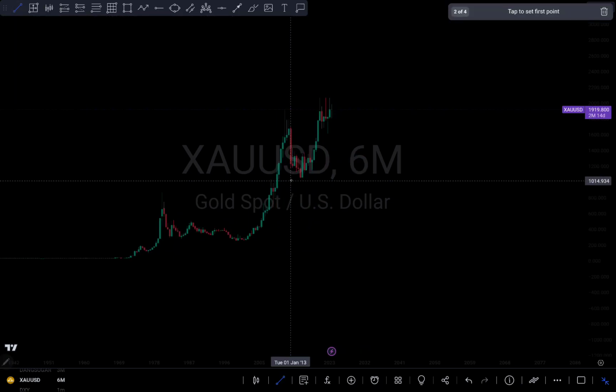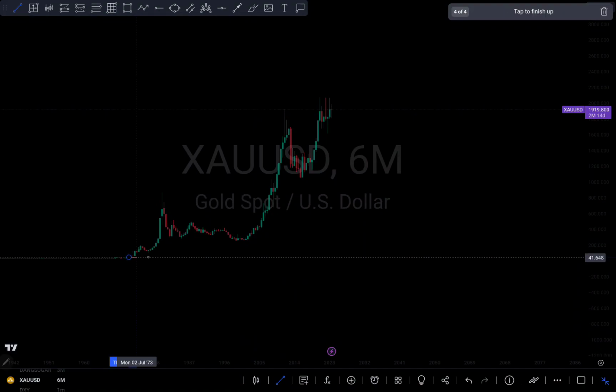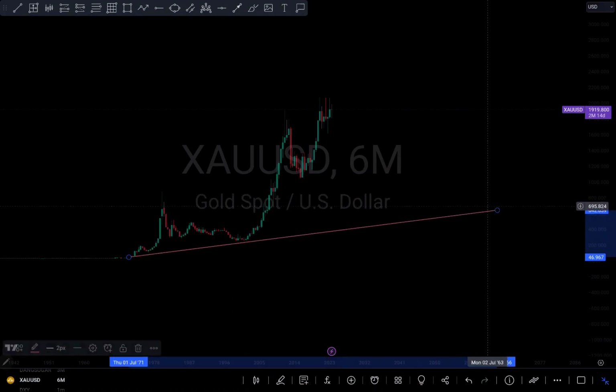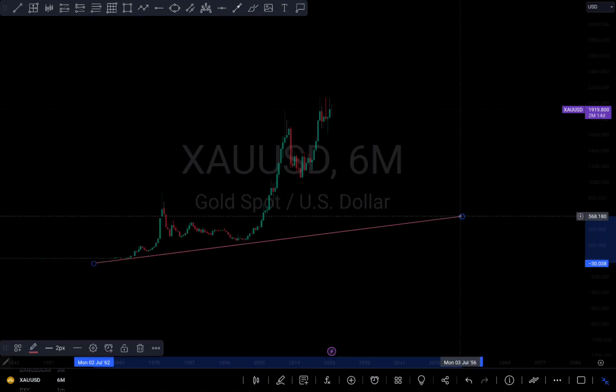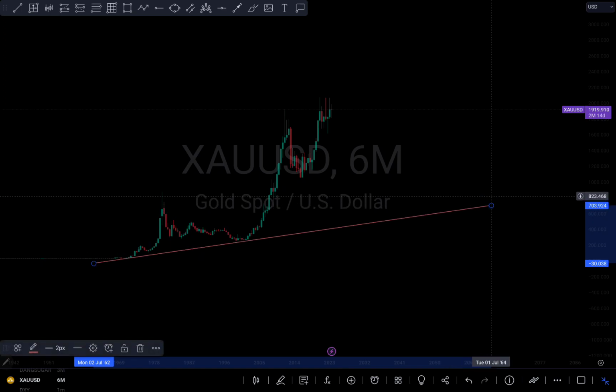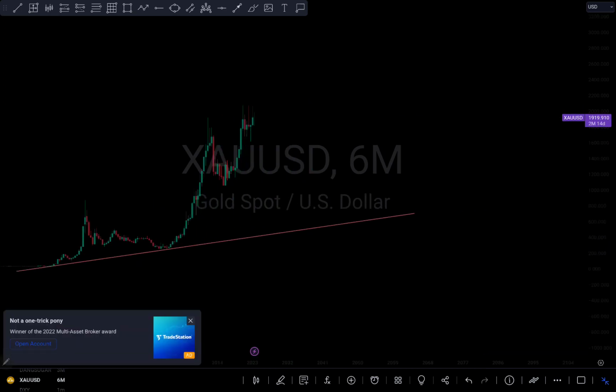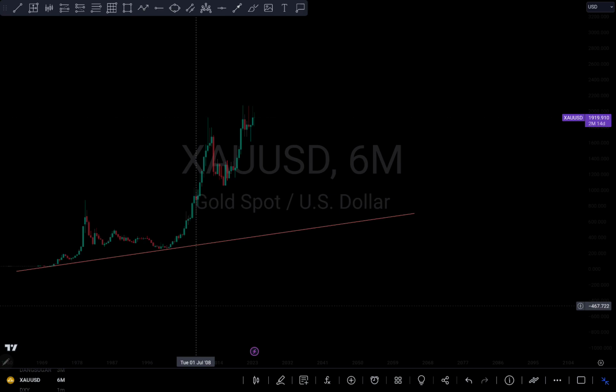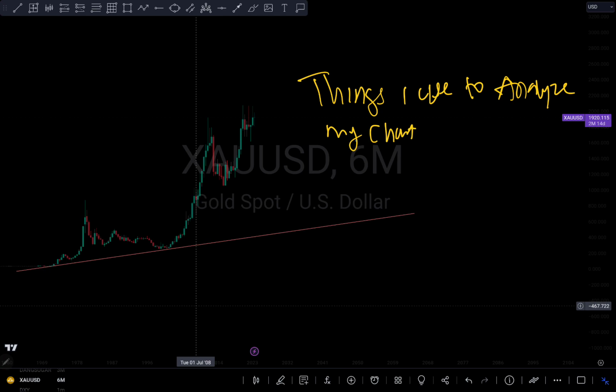What I'm going to do first is look at the overall direction of the market. If you've been watching my previous analysis, you know I use trend lines.